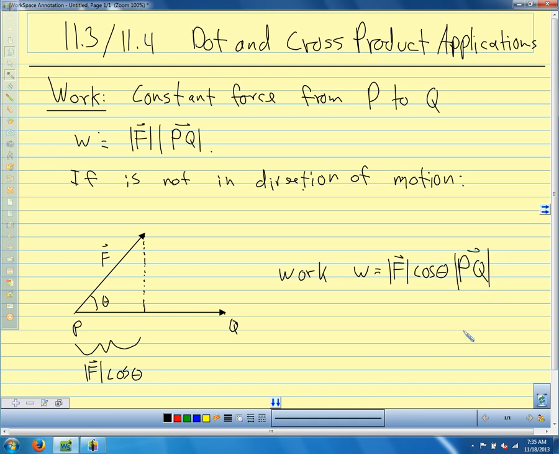And does this look like a familiar quantity here? This is F dot PQ. So our work is given by this dot product.